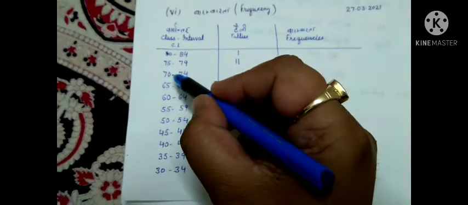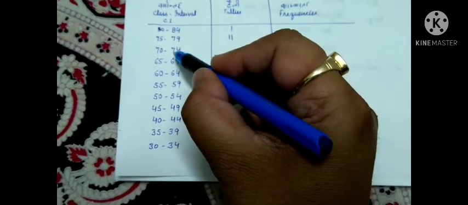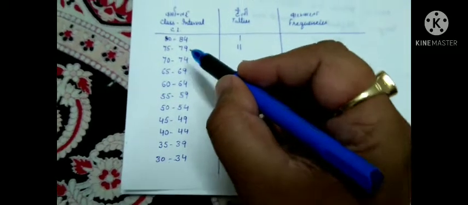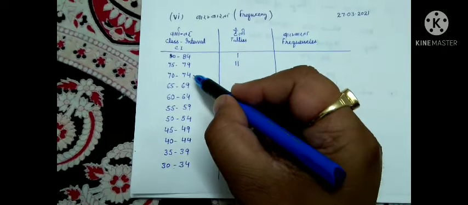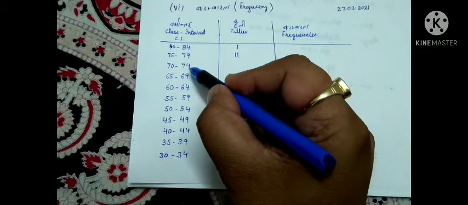The third class interval is from 70 to 74. That means the students who have secured 70 marks till 74.